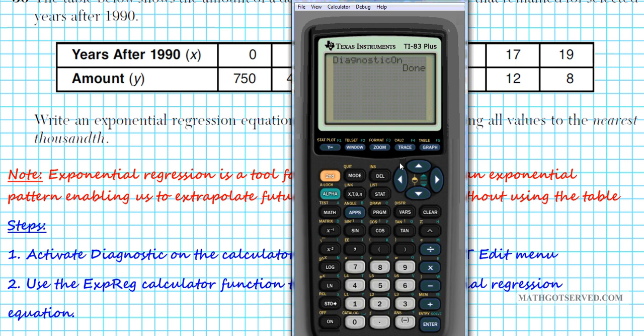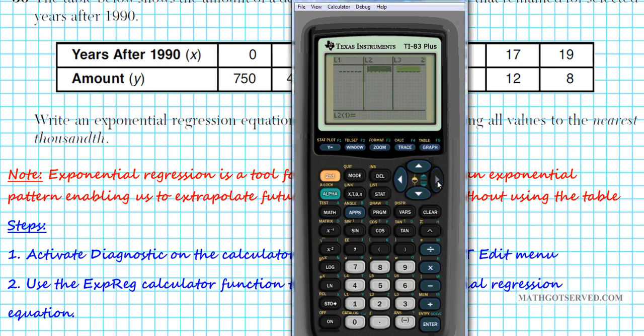Now what we're going to do is we're going to enter this information. All right, so this stat button is what we're going to use. Press stat. Now it says edit, so we can now edit our entry. All right, so edit will be highlighted, so you press enter.